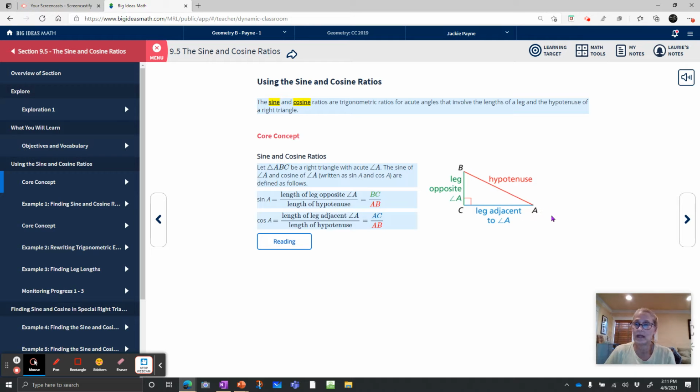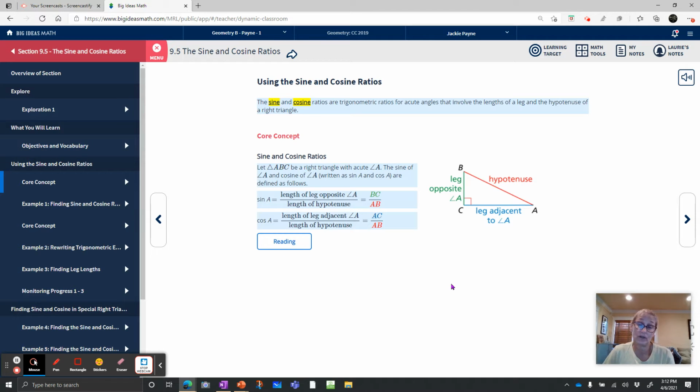So we're looking again at angle A. The sine of A is equal to the opposite leg divided by the hypotenuse. So if you were going to label it, it would be BC over AB. That is sine. Sine is opposite over hypotenuse.